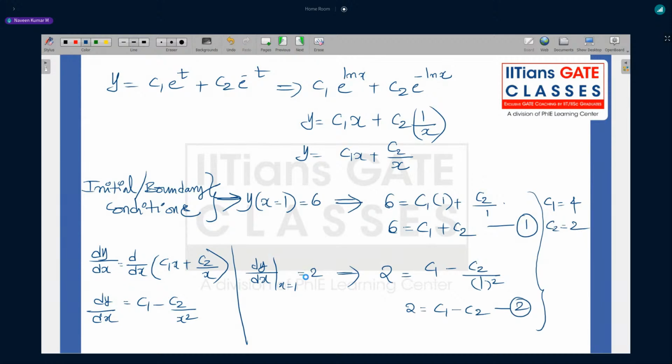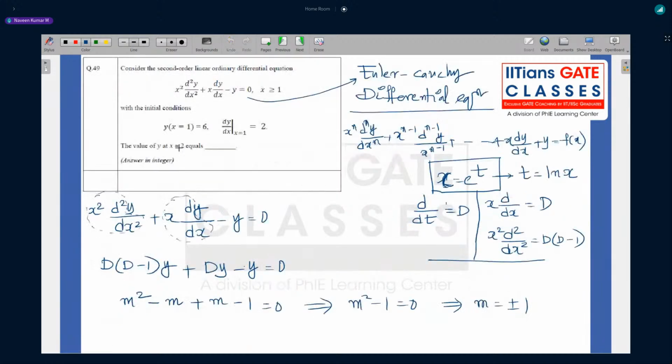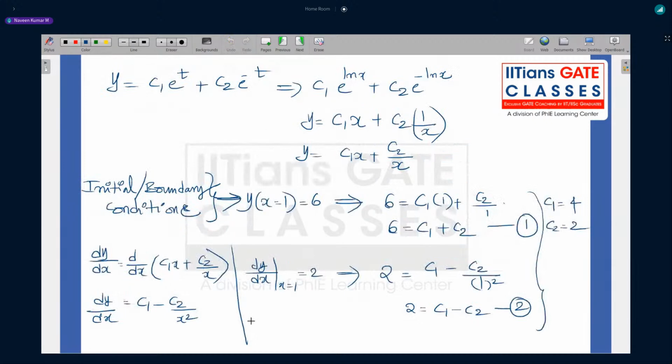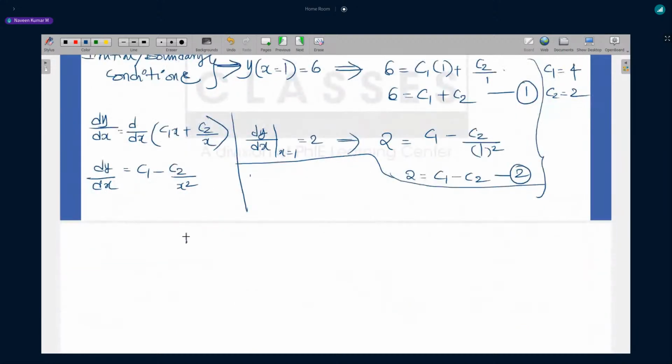Now they are asking what? The value of the function at x is equal to 2. So what is the function now? The function is y is equal to c1x plus c2 by x. So you know c1 and c2, substitute: 4 into x plus 2 by x.